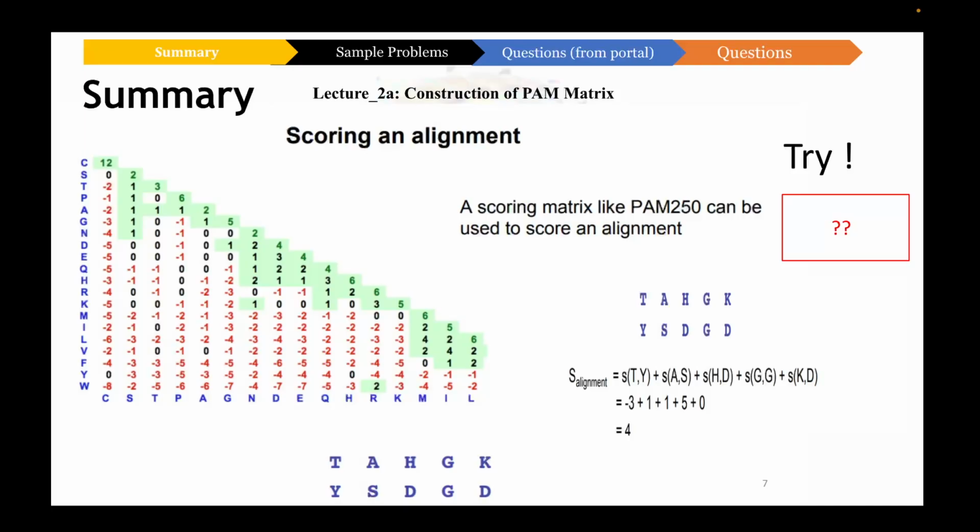Positive scores mean identical substitution is happening, and the red digits highlighted in green indicate the score for similar substitution. For example, this is the score for C substituted over C, and all other positive scores are highlighted because these define identical nature.